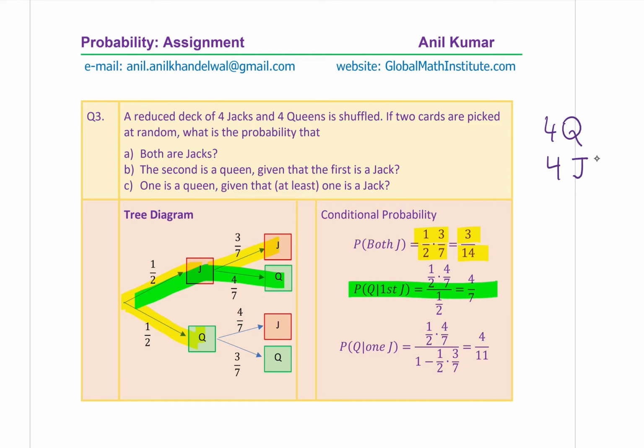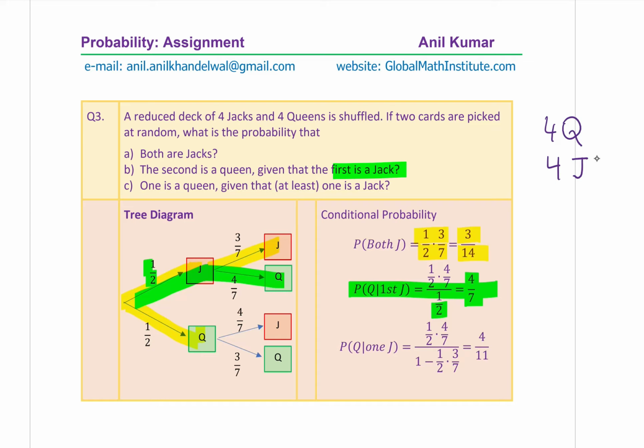The probability of the first being a jack is half. And now the second being a queen will be half into 4 over 7. So we get our answer as 4 over 7, as shown here.